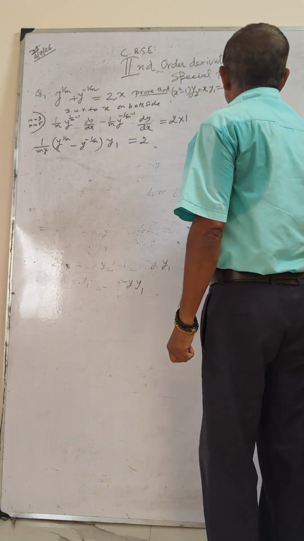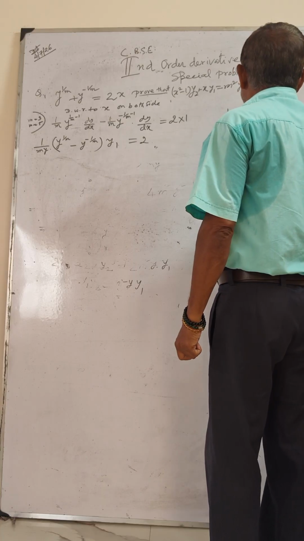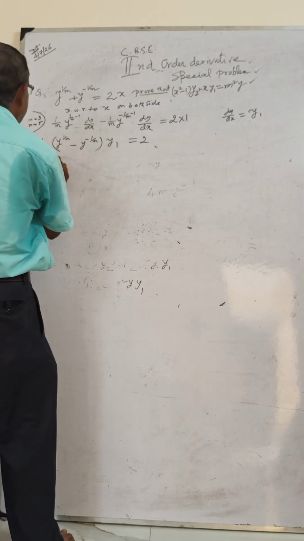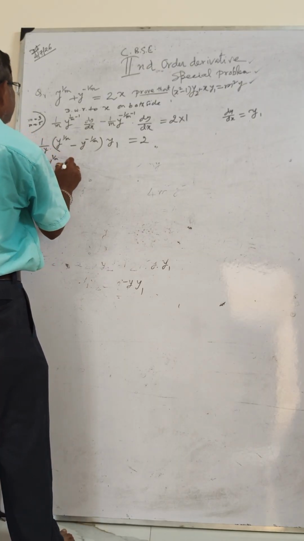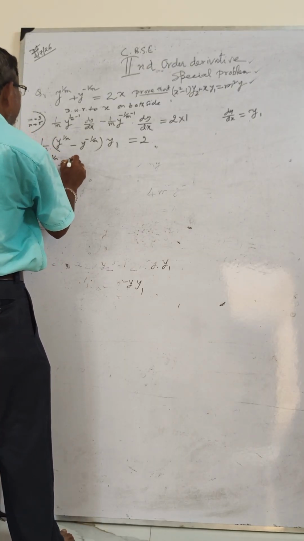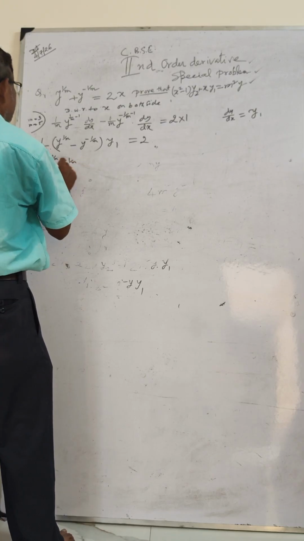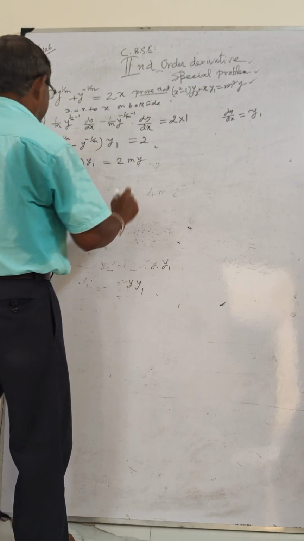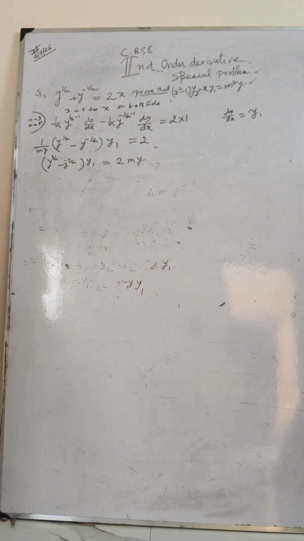Now dy dx stands for y1. So y to the power 1 by m minus y to the power minus 1 by m into y1 is equal to 2my. Now squaring on both sides, very simple.